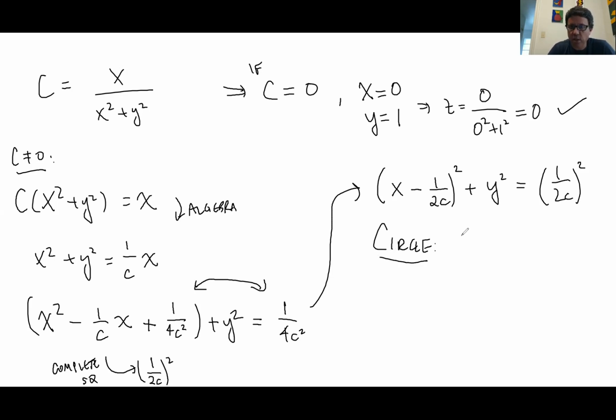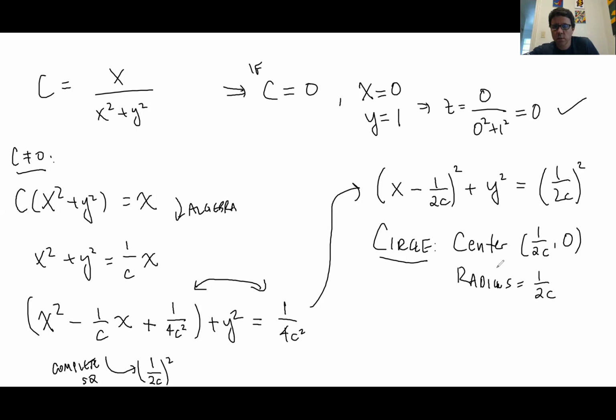And the center is at (1 over 2c, 0), and the radius is 1 over 2c. I suppose if you want to be real technical here, the radius is actually the absolute value of that.